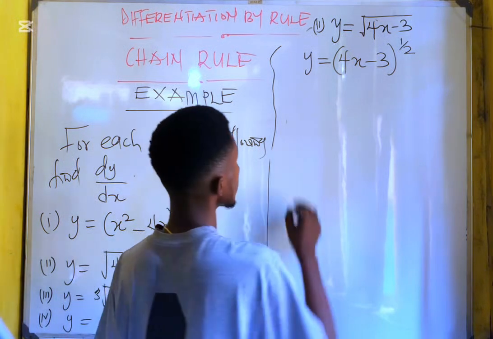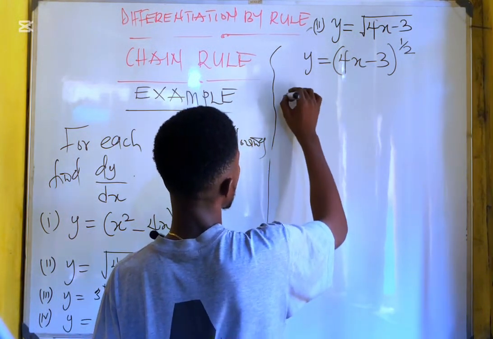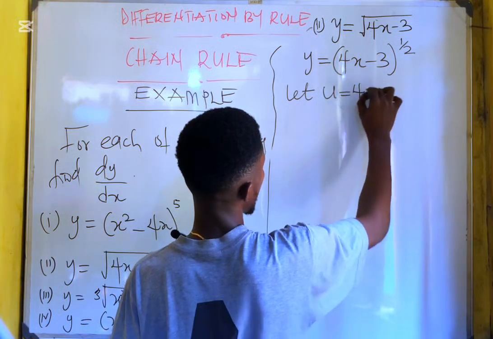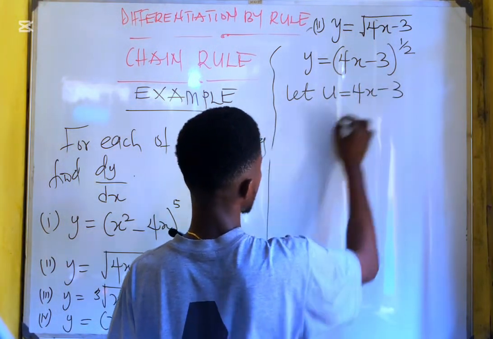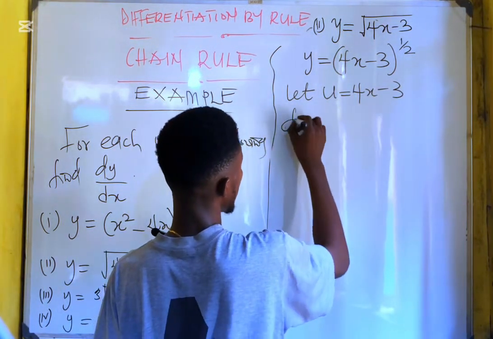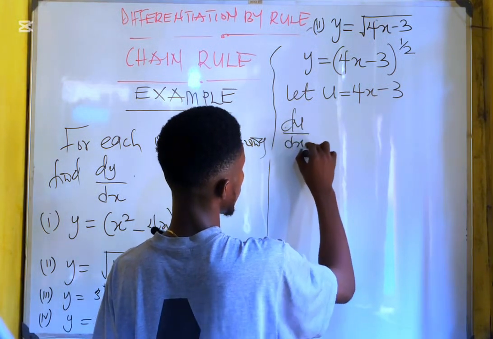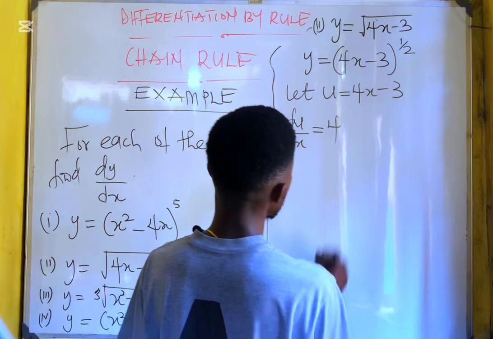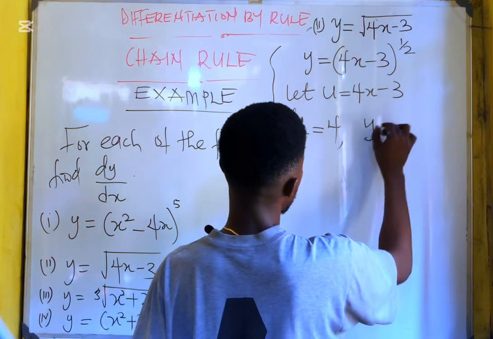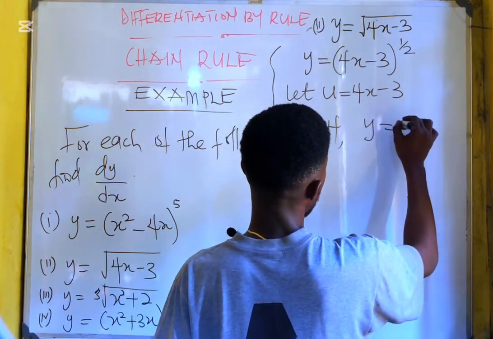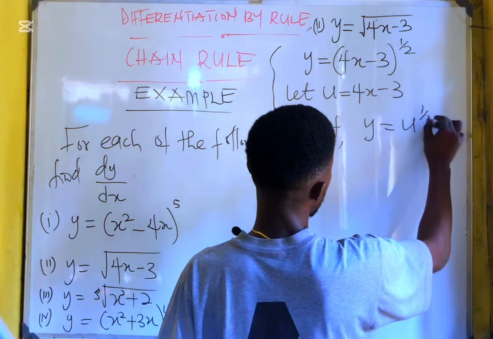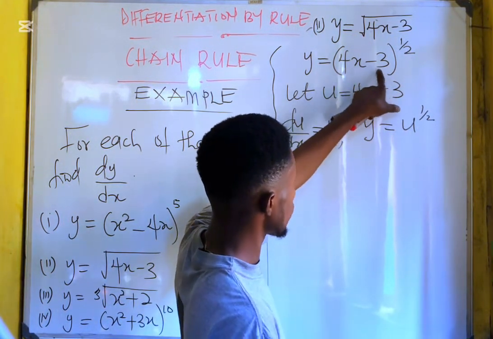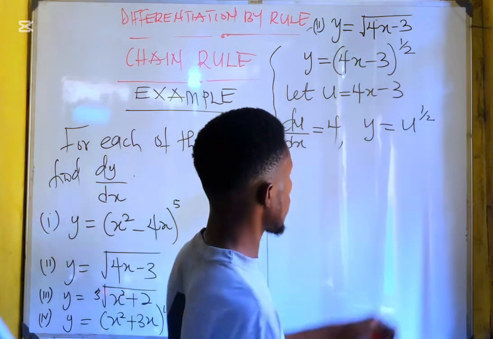So in this case, we say that let u be equal to 4x minus 3. So my du/dx will be equal to 4. What it means is that my y is now equal to what? u to the power half. Wherever I see 4x minus 3, I should put u there. If I put u there, I get u to the power half.